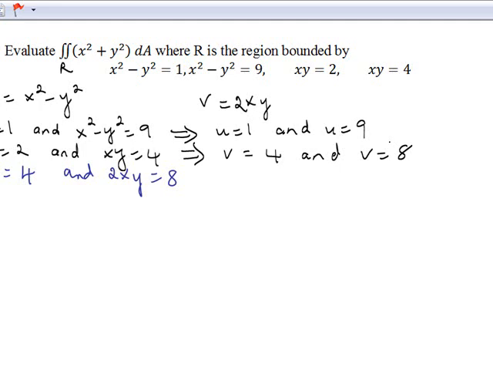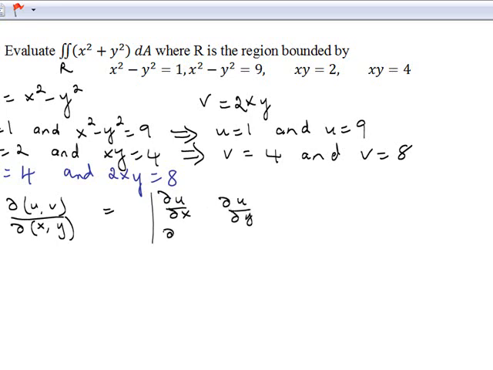Let's do it. Do you want to do 1 over J or J? Let's do it. So 1 over J is the determinant of partial u partial x, partial u partial y, partial v partial x, partial v partial y.